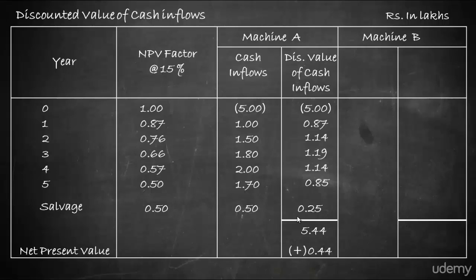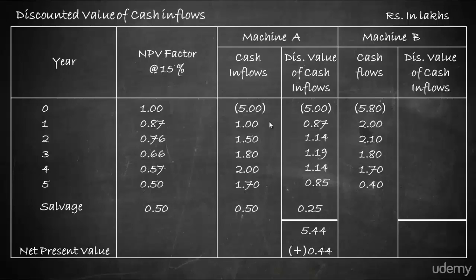Similarly, let's go for mission B or project B, where the cash flows are starting with 5.8 we have found in our working note 1, and the cash flows whatever available in the question we have fitted. Then we can find the discounted cash flows, which is nothing but these cash flows multiplied by the discounting factors.